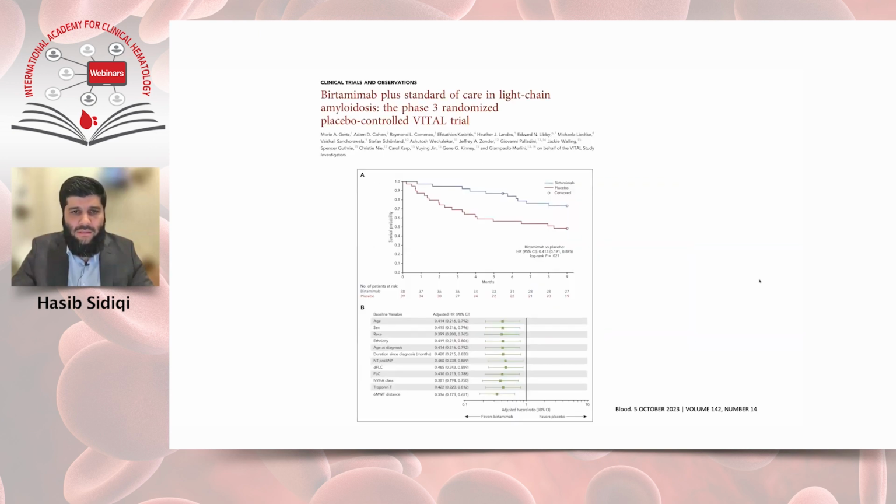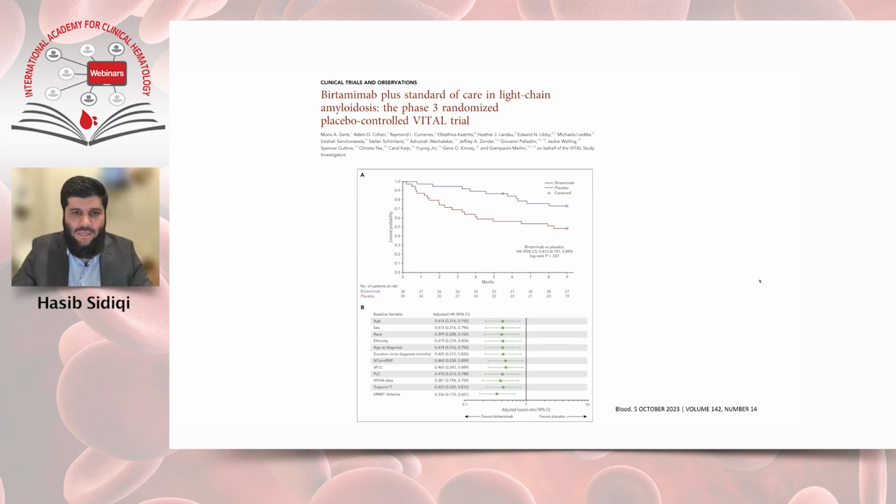Birtamimab is another antifibril antibody that was initially studied in a phase 3 randomized controlled trial that was ceased due to futility. However, a subgroup analysis of patients on that clinical trial identified that the target population should be patients with advanced cardiac disease.